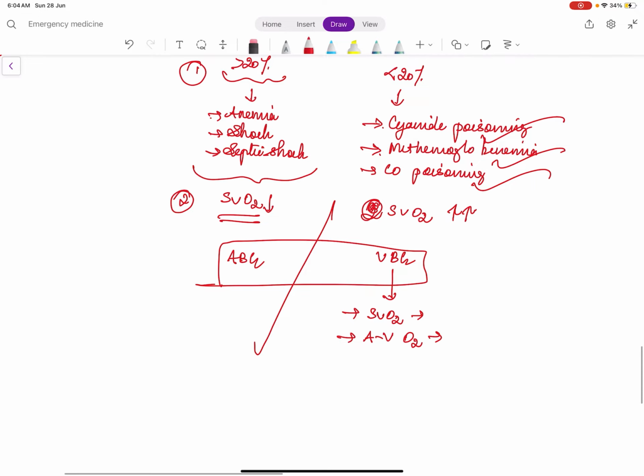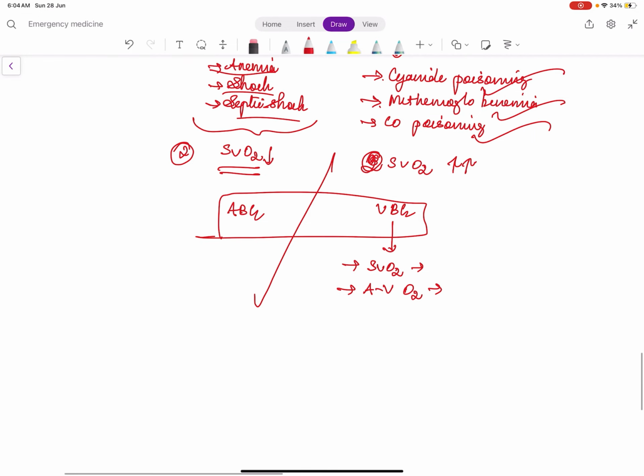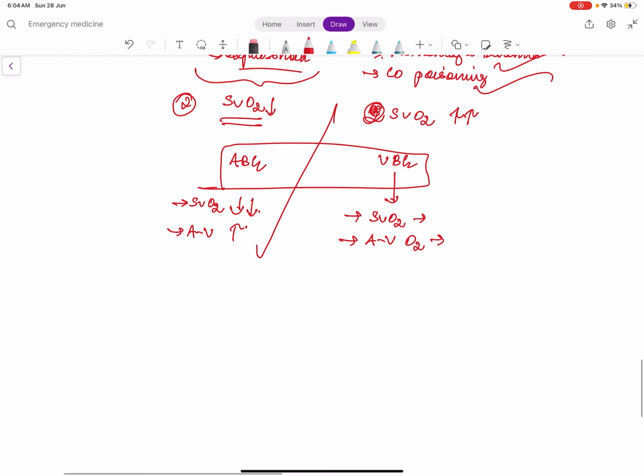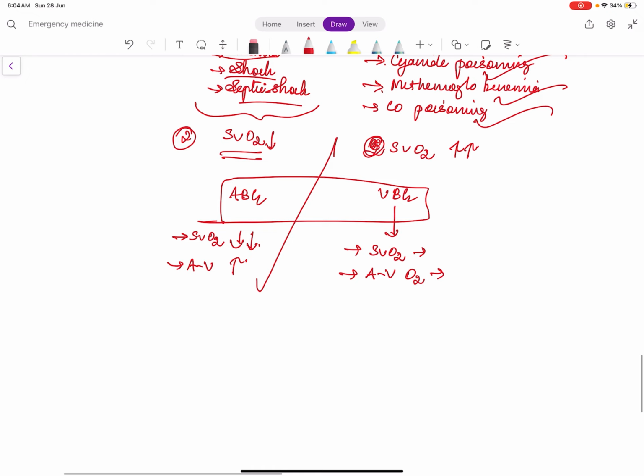In conditions of anemia, shock, and septic shock, the same SvO2 becomes very low, whereas AV oxygen difference becomes high. So remember, in sepsis, SvO2 is high, whereas in septic shock, SvO2 is low.